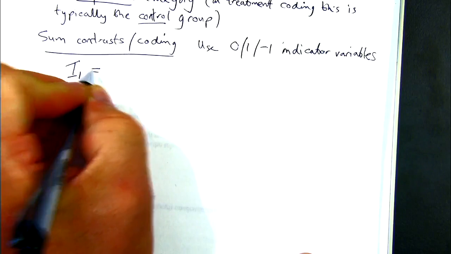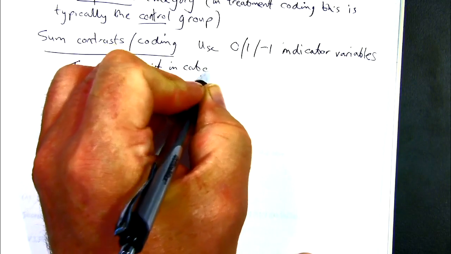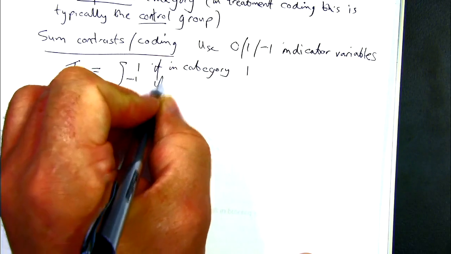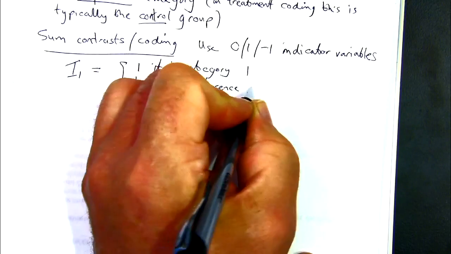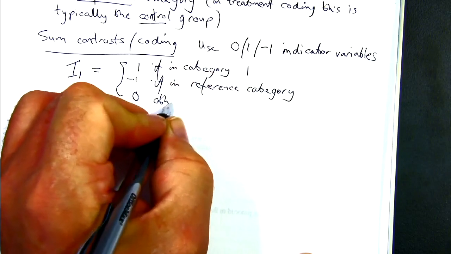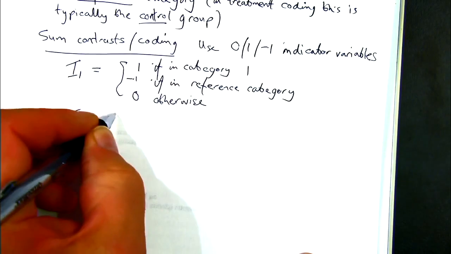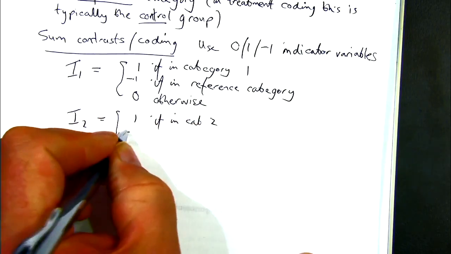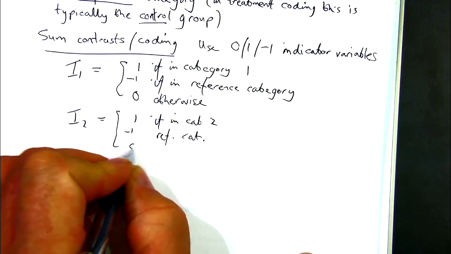So I1 equals 1 if in category 1, -1 if in the reference category, and 0 otherwise. I2 would equal 1 if you're in category 2, -1 in the reference category, and 0 otherwise.